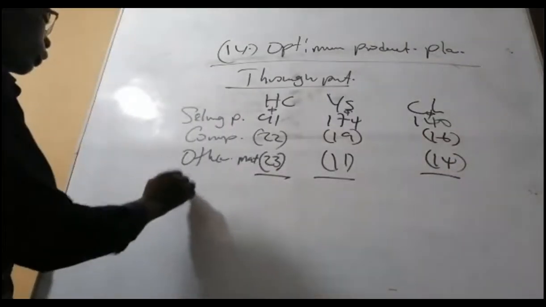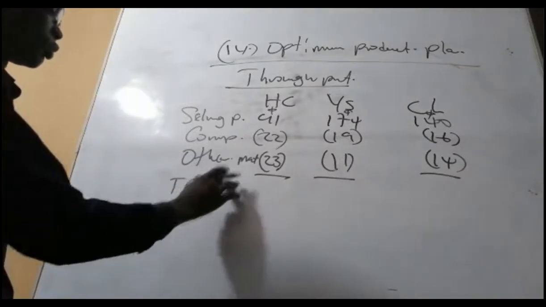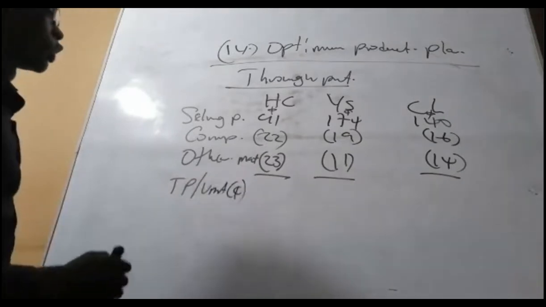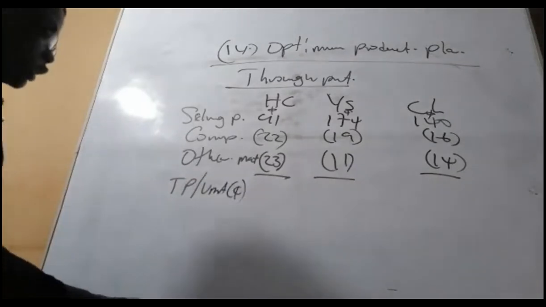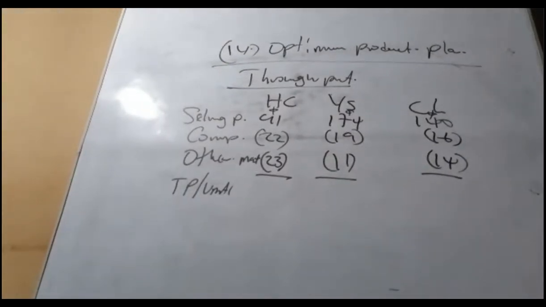So what's the throughput per unit? As usual, 91 minus 22 plus 23, so 91 less 45.